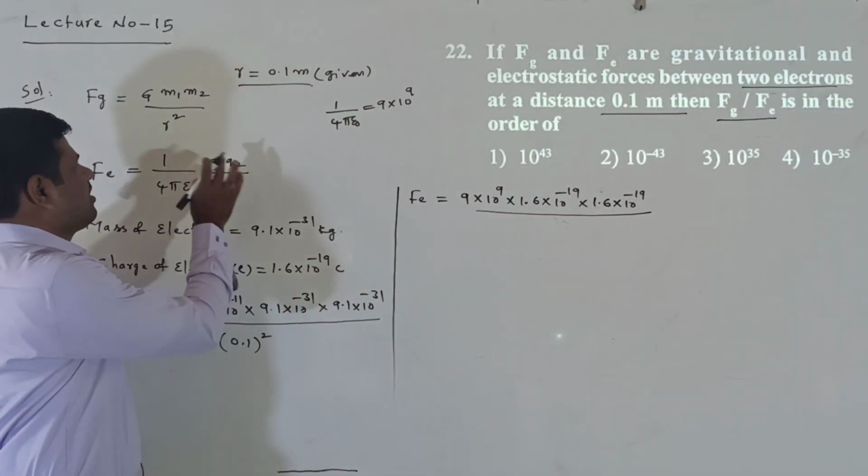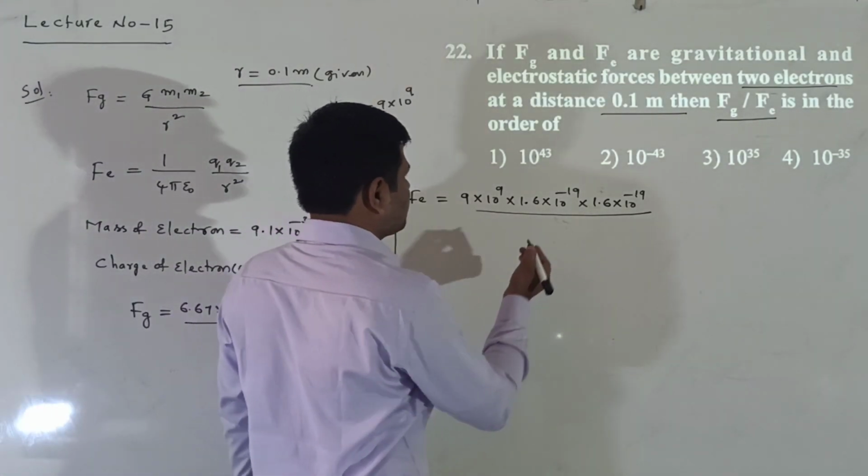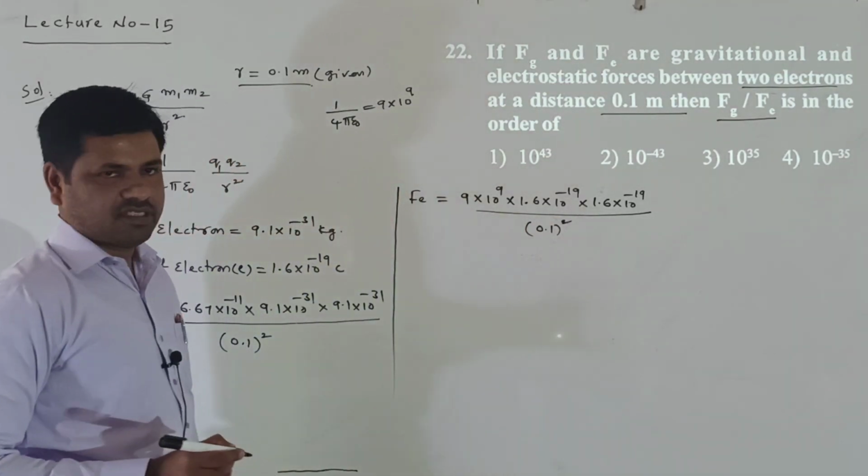In this formula we take charges, in the other formula masses, divided by r squared. The distance is the same, 0.1 squared. Okay, clear up to this point.